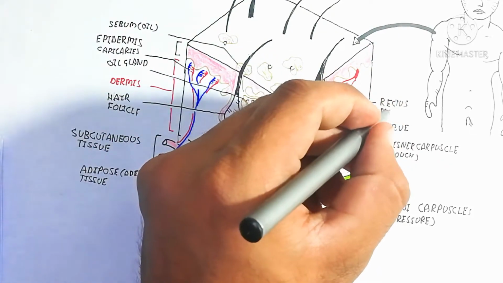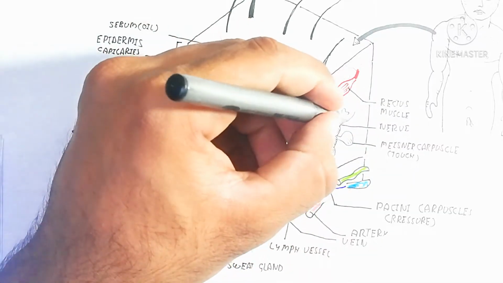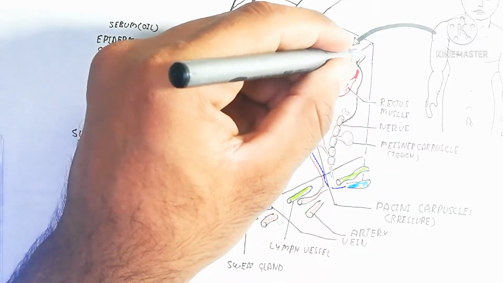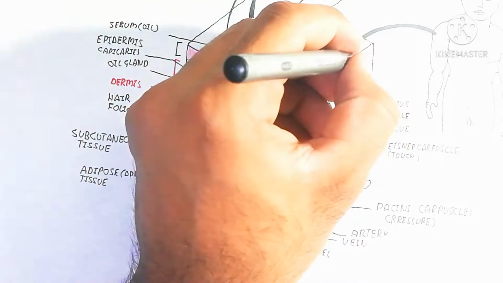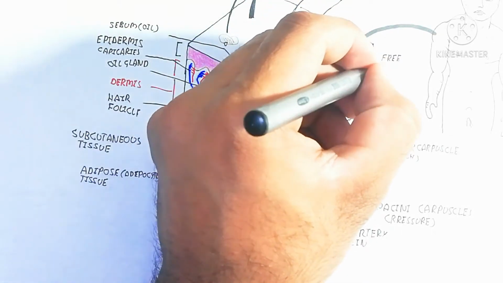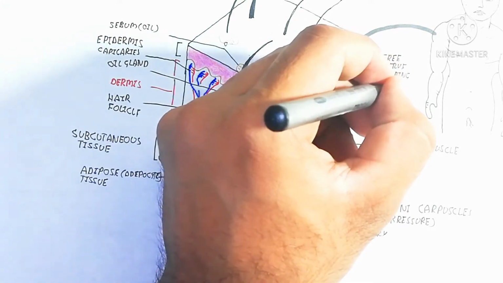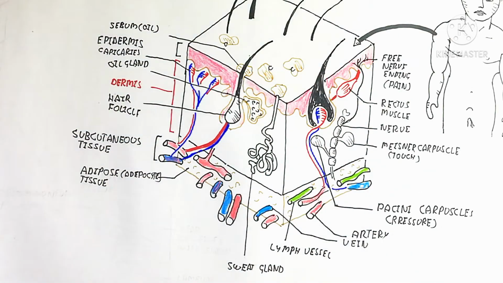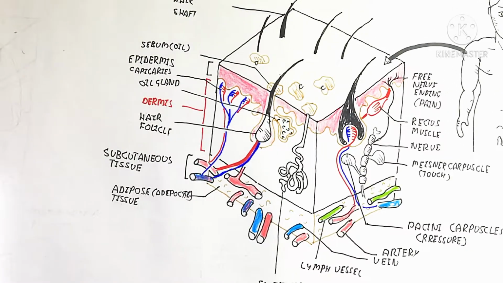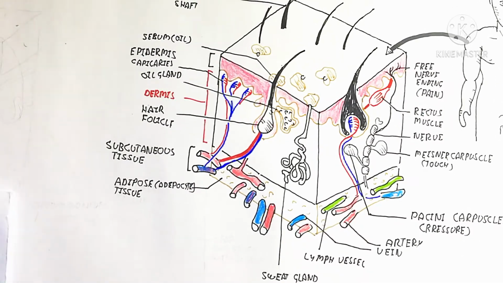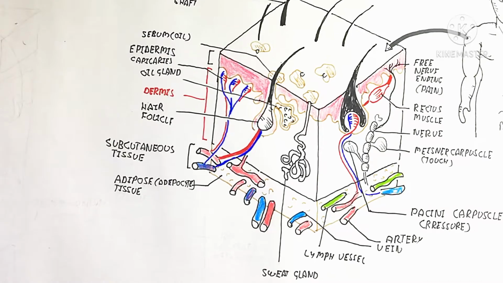It is interconnected with the motor neuron of the autonomic, or involuntary, nervous system to create goosebumps. Here the free nerve ending is present, which is used for pain. Pain is detected by the free nerve ending.